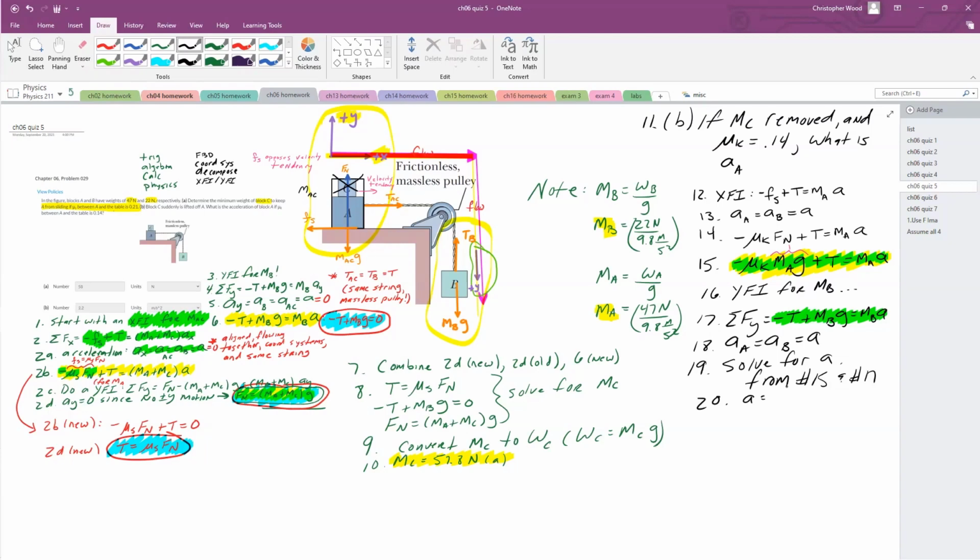Divided by 47 plus 22. And I get A equals 2.19 meters per second squared. So at this point, kind of went over 10, which I try not to do. This is the answer to part B.